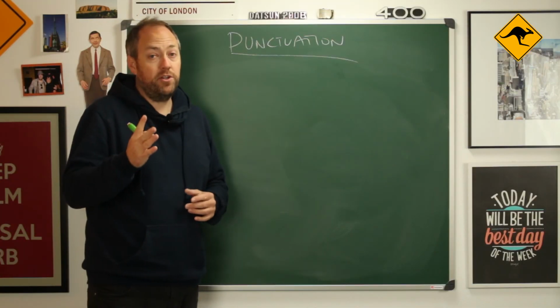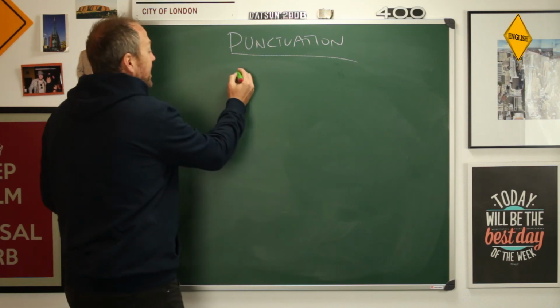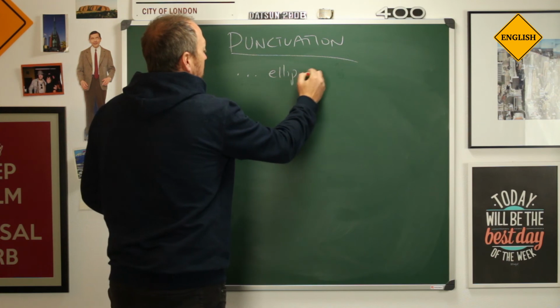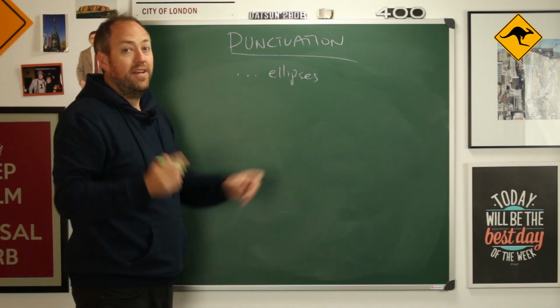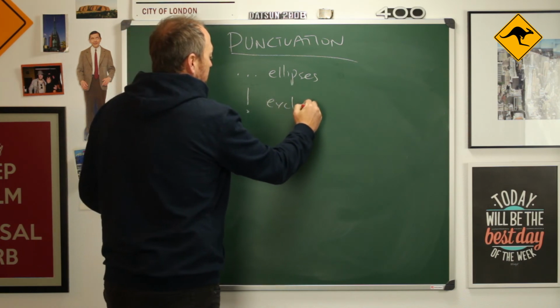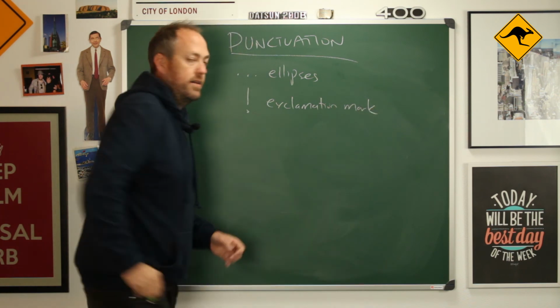Okay, now 2 types of punctuation that you should really avoid, okay, in the exam, which are the ellipses, which is the ... And also you should avoid using too many exclamation marks. Exclamation mark, okay?